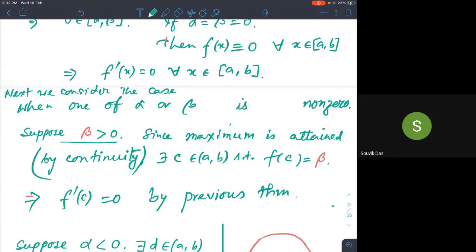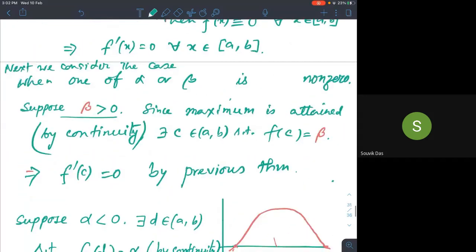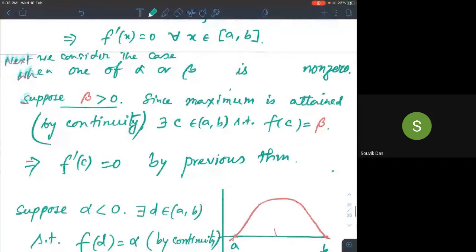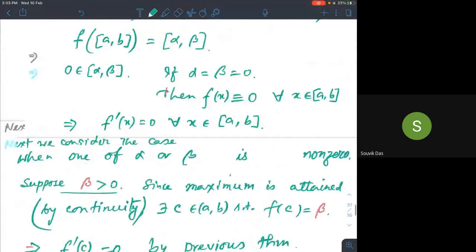Then beta is the maximum here, and the maximum is attained by continuity. So there exists a c such that f(c) equals beta. Now you apply the previous theorem.